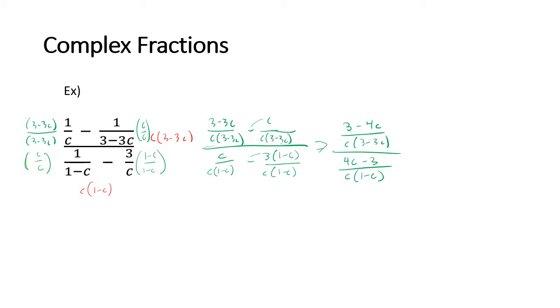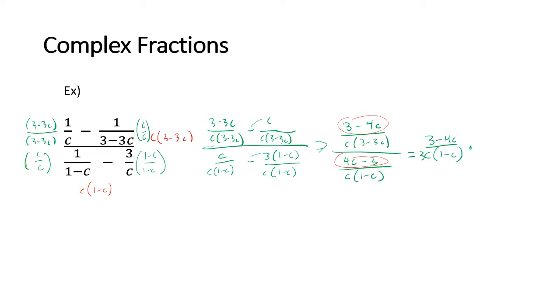Okay, interesting. So this looks similar to that previous problem we had, right? We can maybe do something with a negative here. So if I want to simplify this out a little bit more, the numerator is 3 minus 4c divided by c. Actually, why don't we take a 3 out of the inside here and be left with 1 minus c.